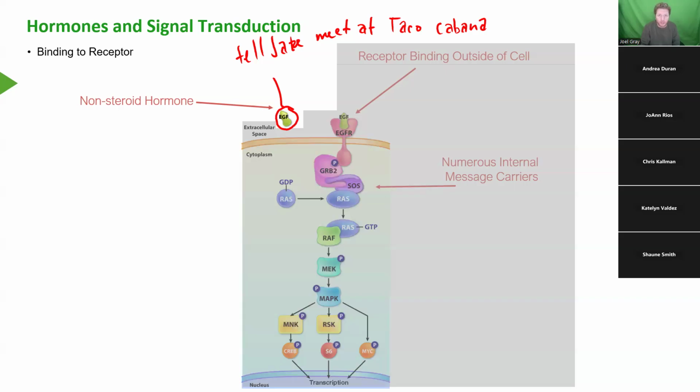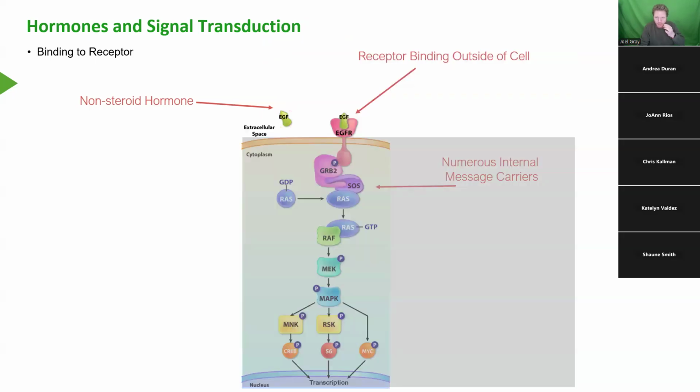And I saved $6. So your endothelial growth factor can't get into the bar, needs to tell Jake, hey, we're going to Taco Cabana. So what our non-steroid hormone does is it finds a receptor protein.